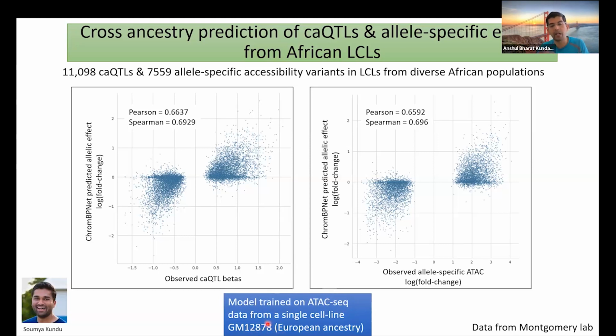And so we're training models on a reference data set from an individual from a different ancestry group and testing it on QTLs from very diverse African populations. And we see really nice concordance. This is pretty state-of-the-art compared to most other methods. And we see nice concordance between allelic imbalance as well as caQTL betas.